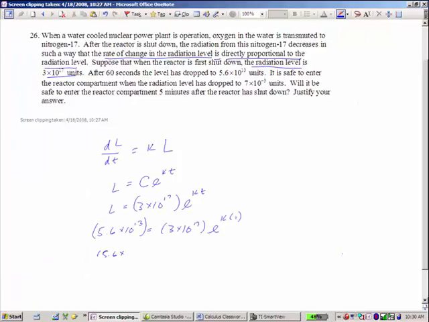So, algebraically, we're taking 5.6 times 10 to the 13th, dividing by 3 times 10 to the 17th, and then taking the natural log of that.